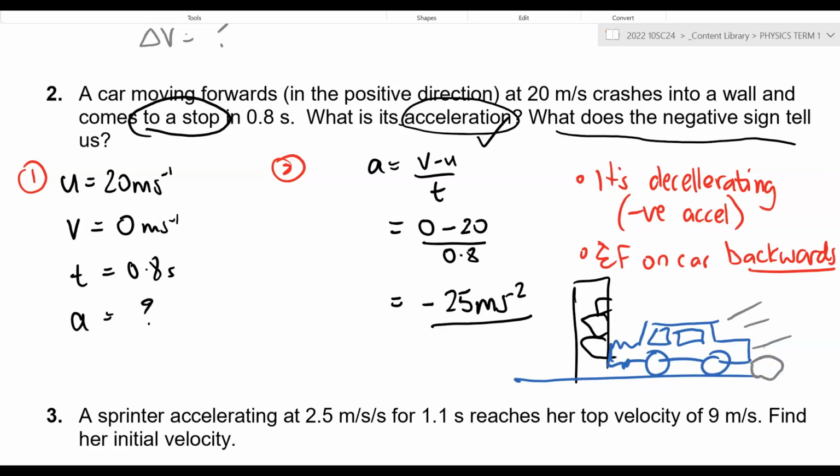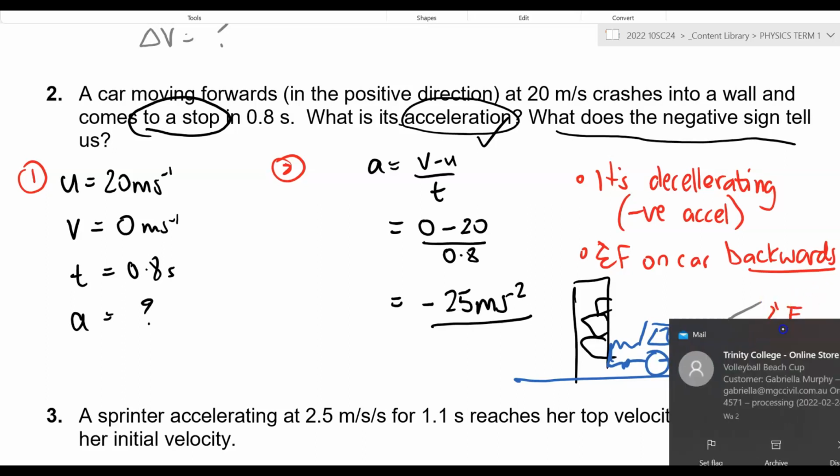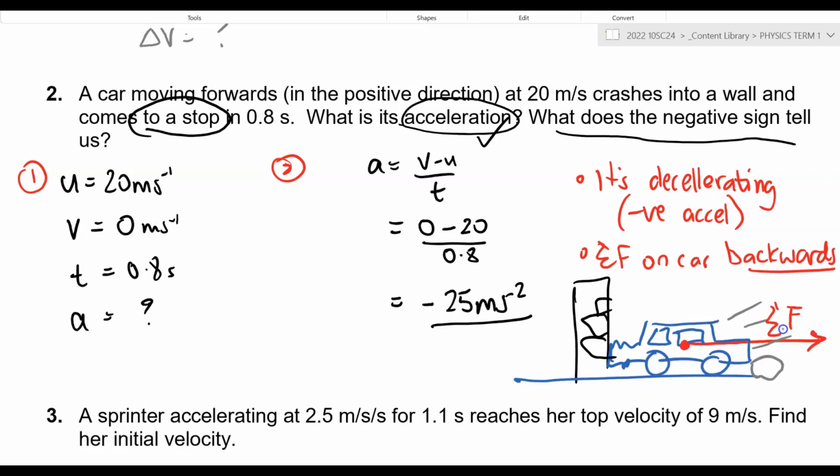It's hit there, and the net force on the car is backwards. It was going forwards, but the force applied by the wall on it is, of course, backwards. That's what that's telling us.